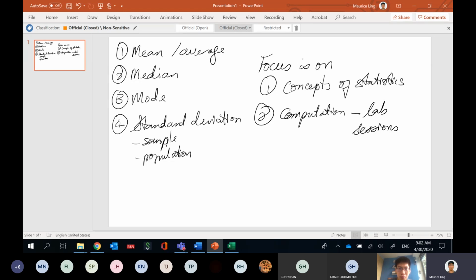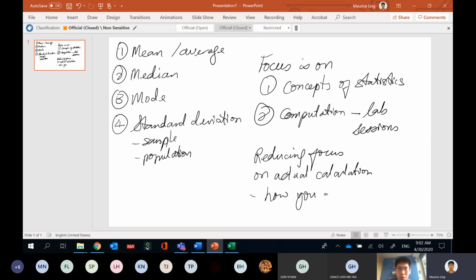We are actually reducing the focus on the actual calculation. Actual calculation means how you do your workings, how you use your calculator.